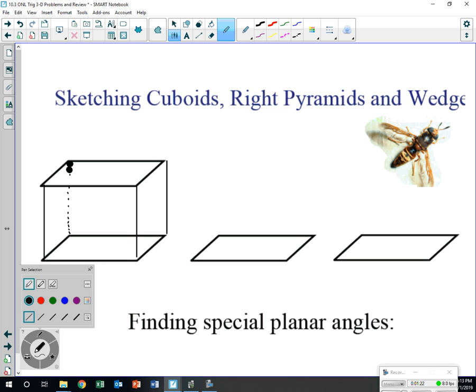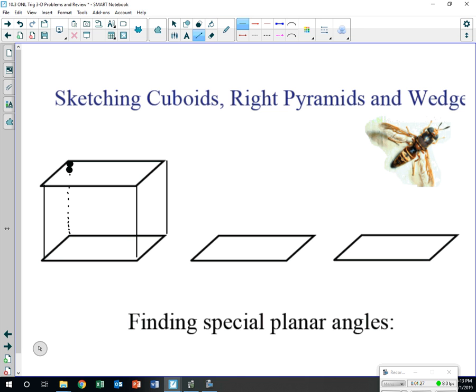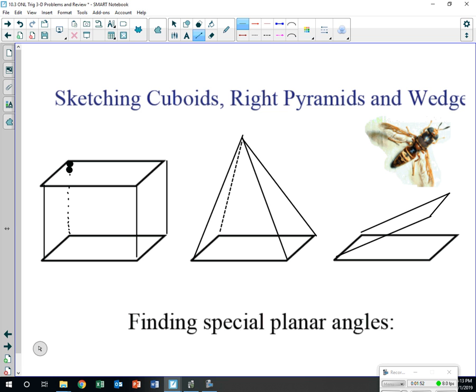If you want a pyramid, all you have to do is take some straight lines, start with a parallelogram, and then go to each spot, and you've got yourself a pyramid. For a wedge, what you'll do is you'll take each place here and here, and then make that parallelogram like so.